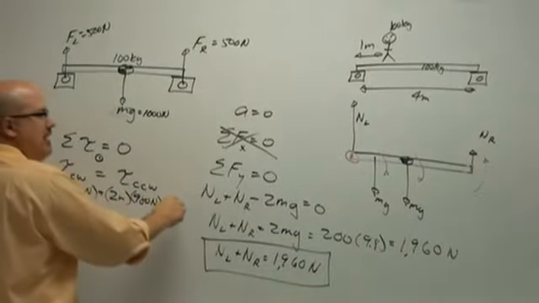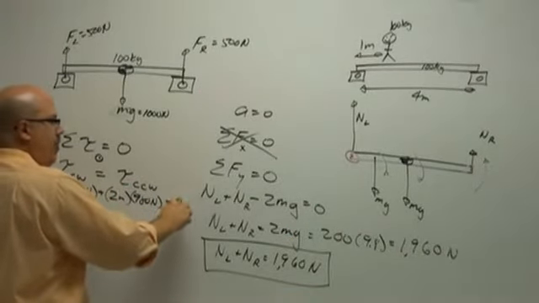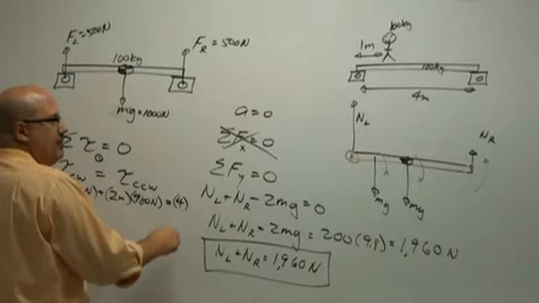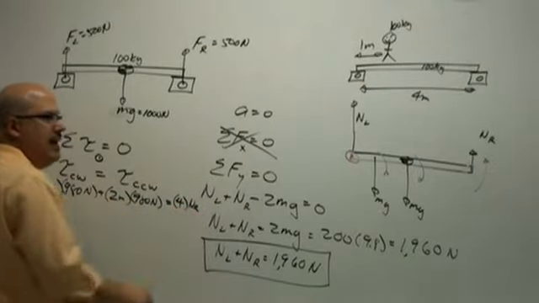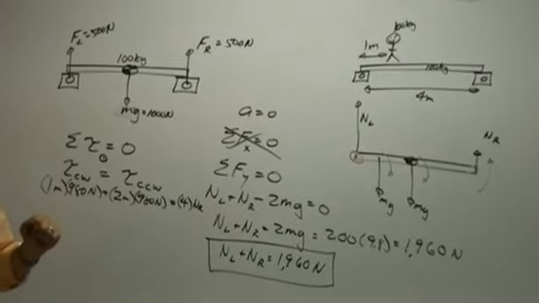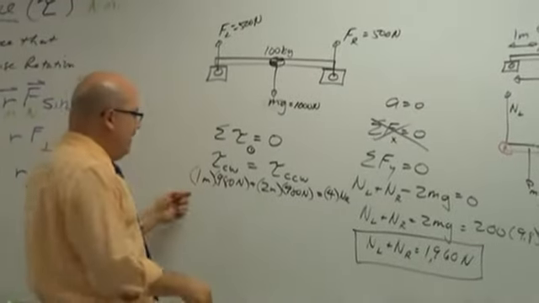My counterclockwise radius is what? 4 meters. What's my force? N_R. What's my sine theta? It's 1. So there you go.